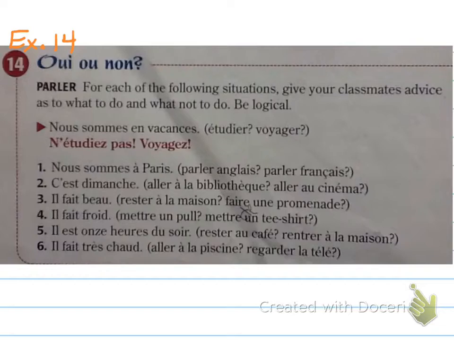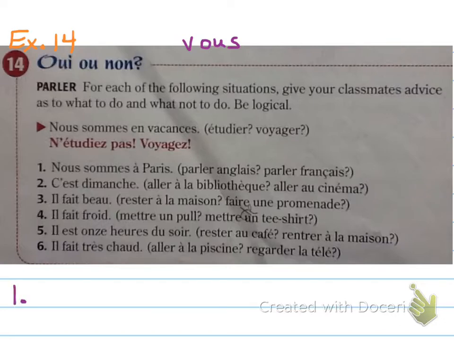Exercise 14, we just did this one out loud, right? For this one, you're going to have one affirmative and one negative form of the imperative. You're talking to a group of people, so it's always going to be the vous form of the imperative, and they have to make sense. You have to give good advice. So number 1 was nous sommes à Paris.